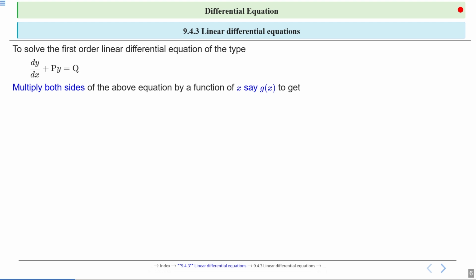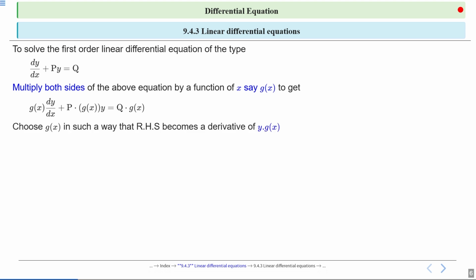Multiply both sides of the above equation by a function of x, say g(x), to get g(x) dy/dx + P g(x) y = Q g(x). We just multiply the given differential equation by any function of x, let's say g(x).